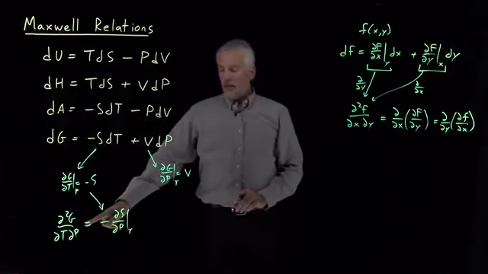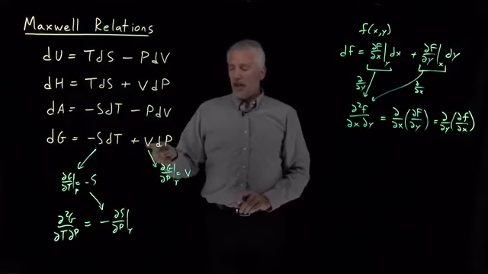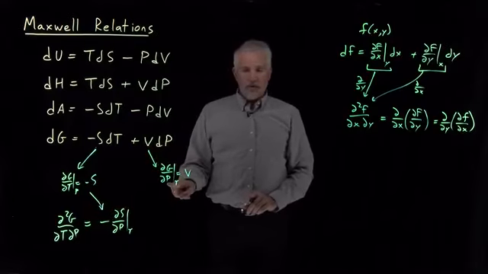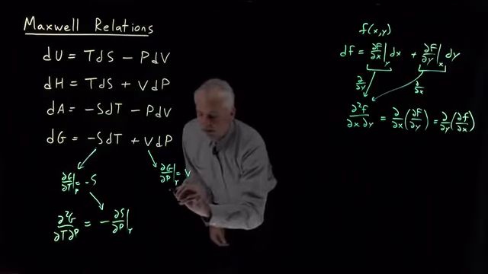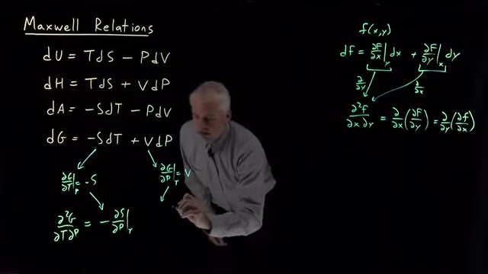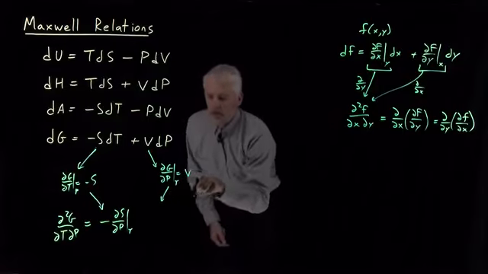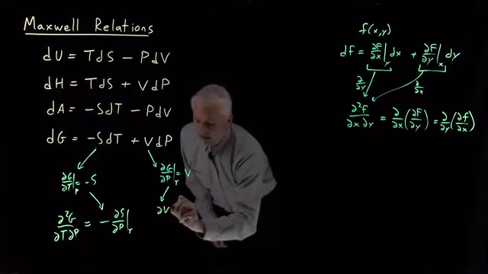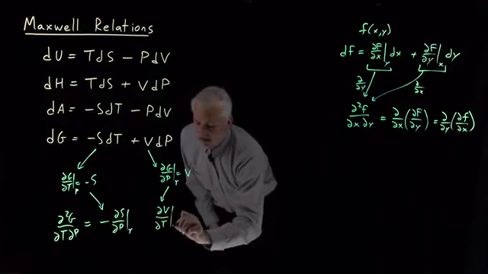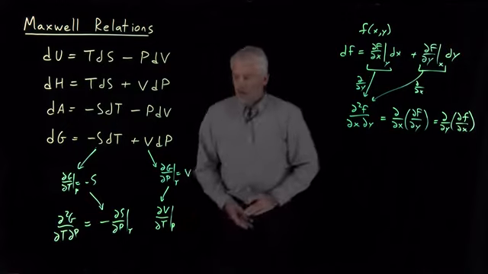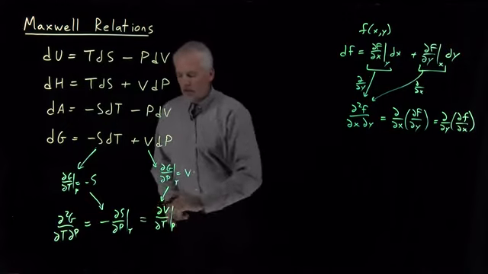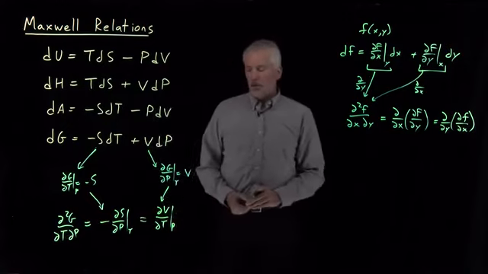Or, if I prefer, I can do it the other way around. I can use this first pressure derivative and then take the temperature derivative. Temperature derivative of V. Either one of these should be this mixed second partial derivative.